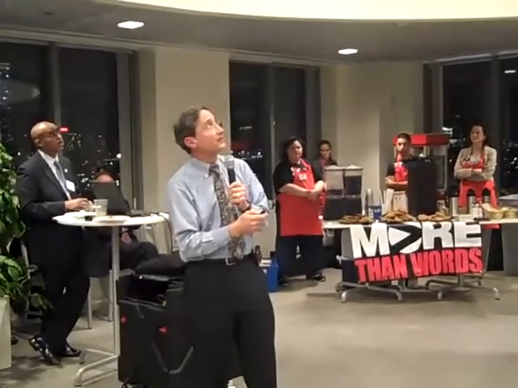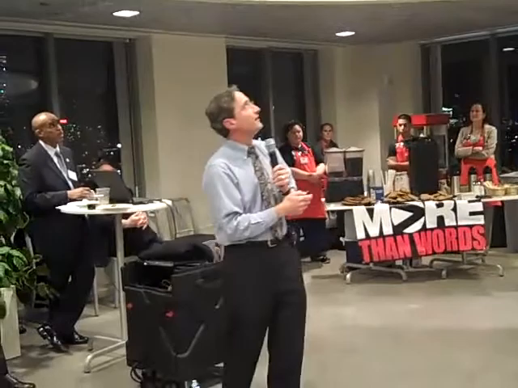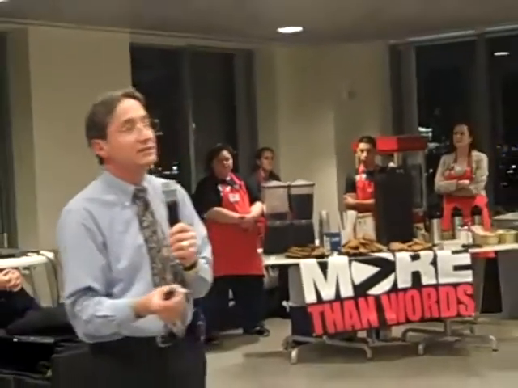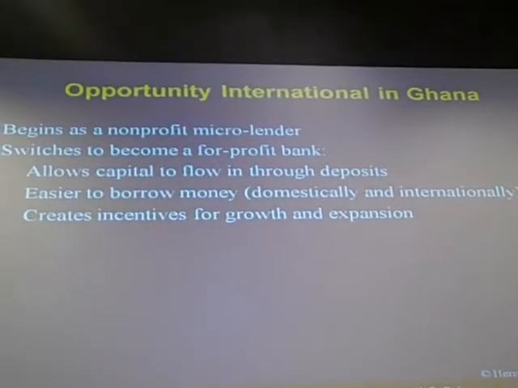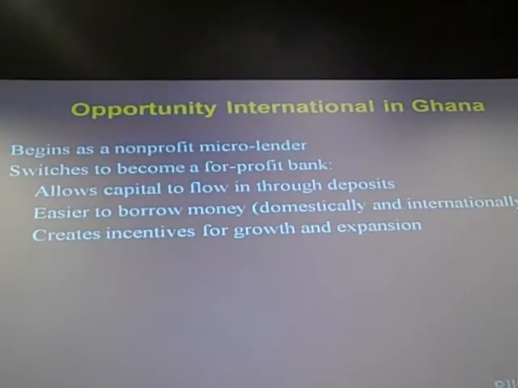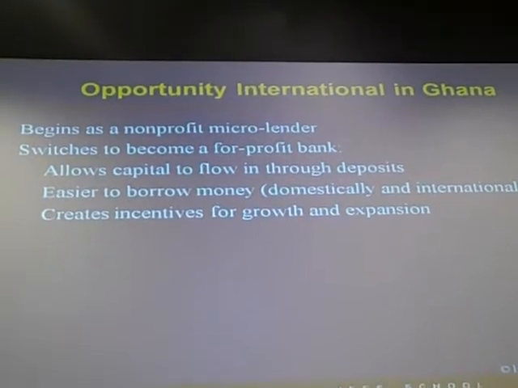It began as a non-profit microlender. In order to improve its services, it became a for-profit lender. That allowed it to bring in more capital through deposits. It allowed it to borrow money in local capital markets. It allowed it to create incentives for expansion and growth, all of which sounds like it's good for the mission and should be good for the mission.